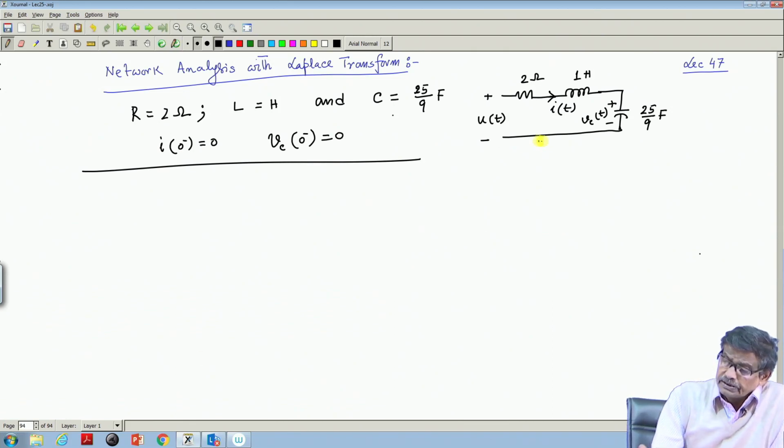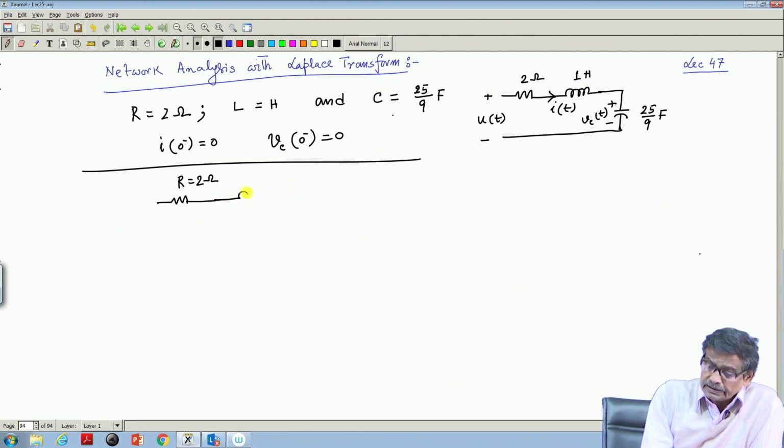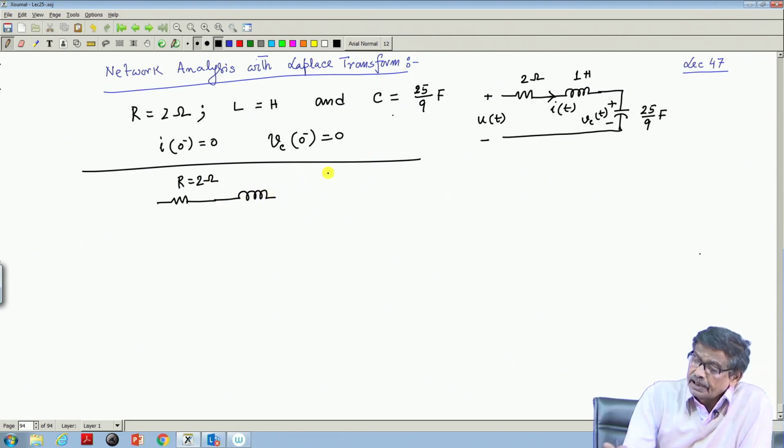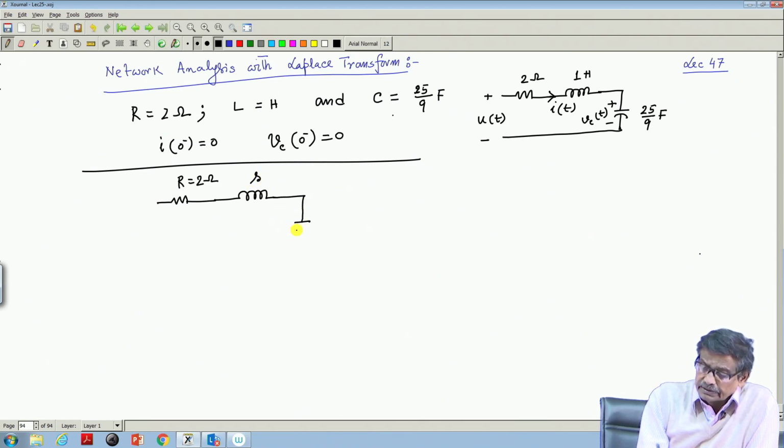So, the first step is to redraw the circuit. This remains 2 ohm, no change. This inductance will become S into L, the value of L is 1 Henry, so it will become S in S domain, and then this capacitance will become 1 by Cs, you recall.